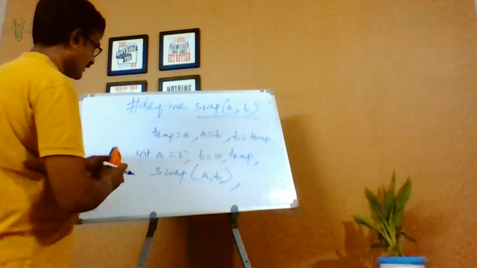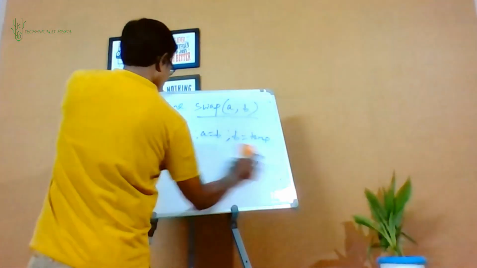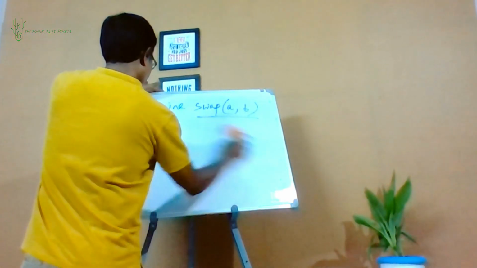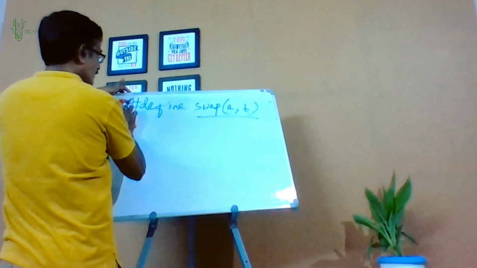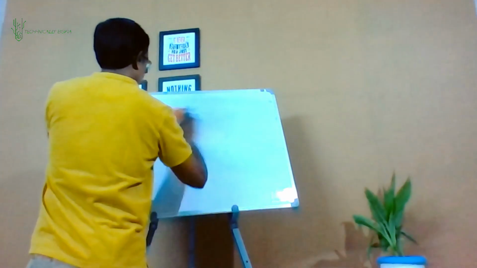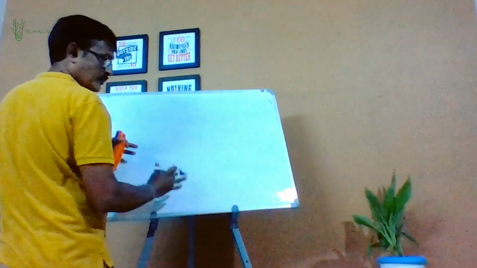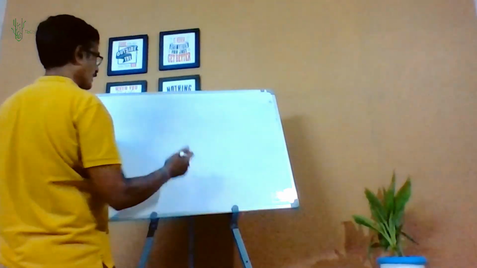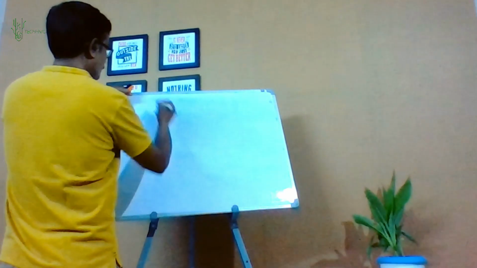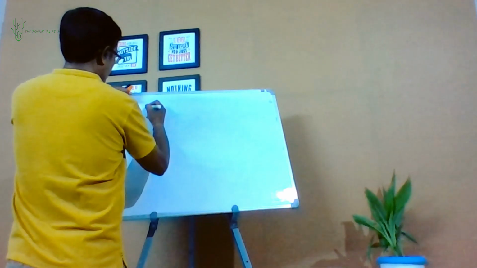Alright? Now look at this and tell me what is the answer to this. Assuming that swap macro which I just now discussed is still there, I write this statement inside my program.